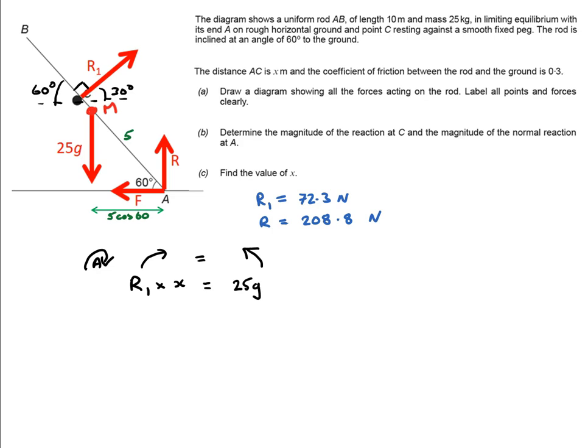We know that A to M is 5 meters long, so the distance between A and the line of action of the 25g is going to be 5 cos 60, or 2.5 meters. So we've got R1 times x must equal 25g times 5 cos 60, which gives me x equals 8.47 meters.